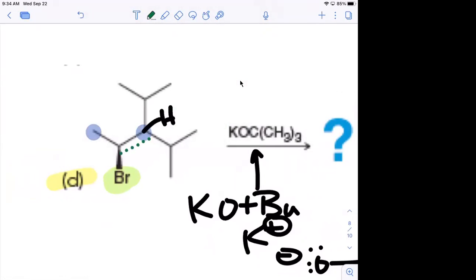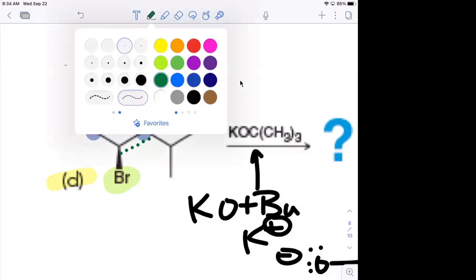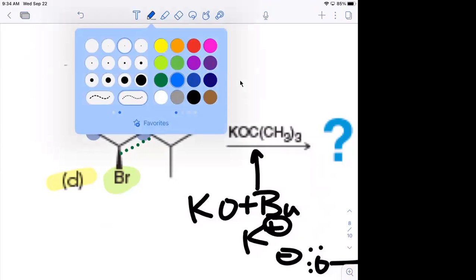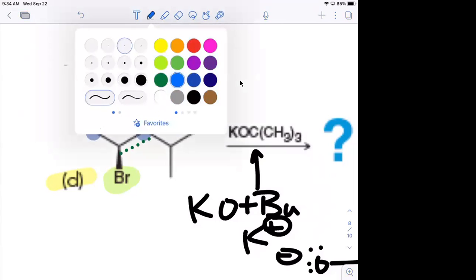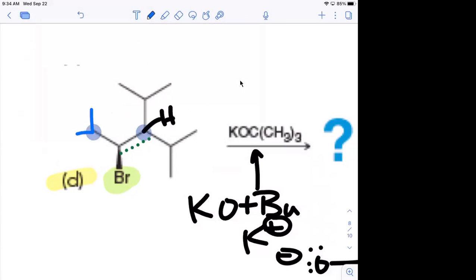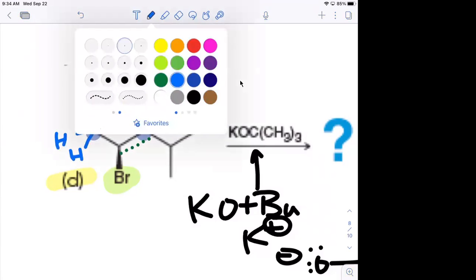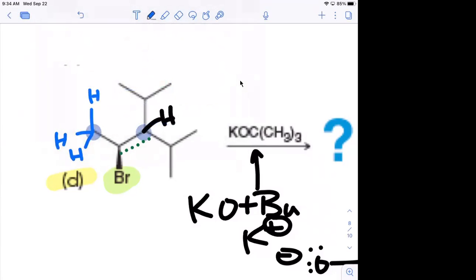And where would it be if I pulled off these protons, the protons on the other side? Where would it be? To the left of the bromine. It'd be right here, right?